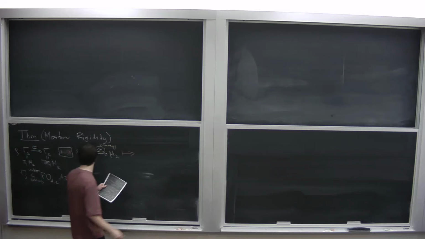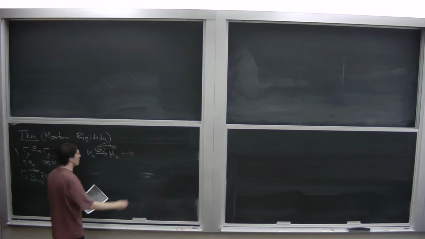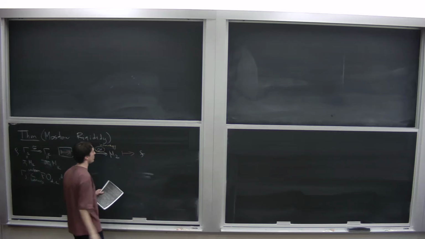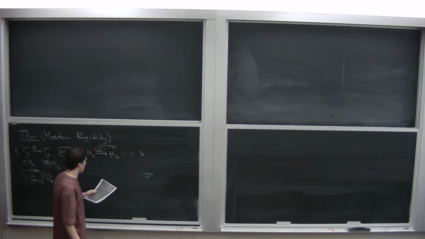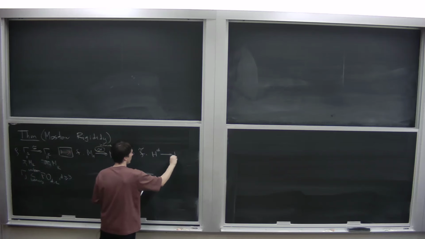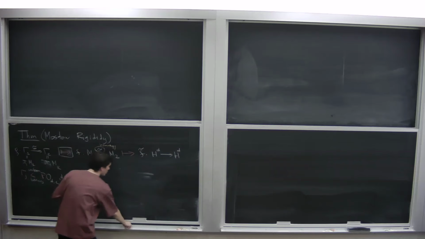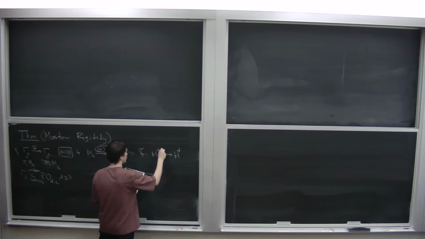So I can lift it to the universal covers, and I obtain a map, let me denote it F tilde, between the universal covers, H^d to H^d. And our goal is to show that this is a pseudo-isometry.